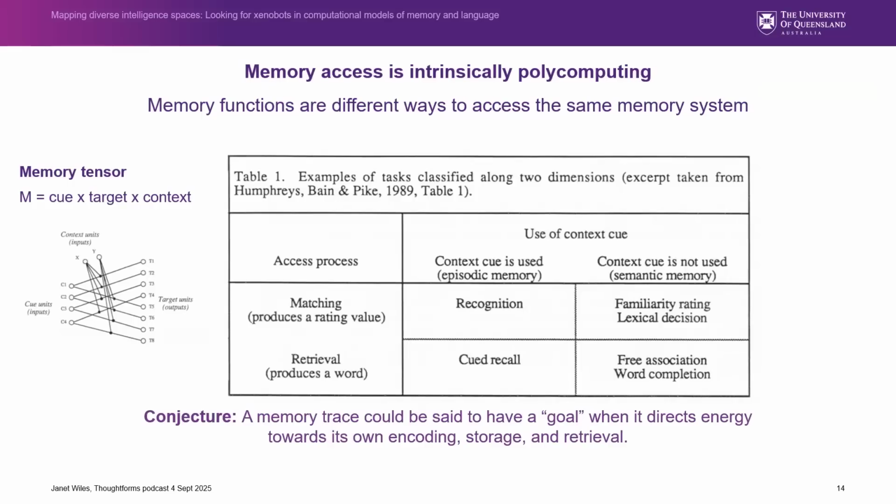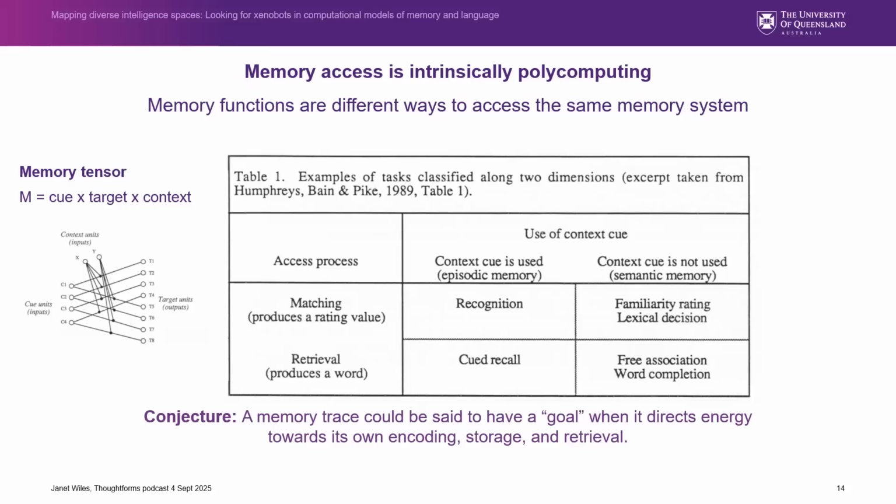The memory tensor is constructed by the outer product of a cue and a target and a context. And then you can either use that cue or use a unit vector instead of a cue. And then you can look at, do you actually look for a recognition where you're trying to produce a yes/no answer? Do you know your phone number? Yes or no? You don't have to actually recall the phone number to know it.